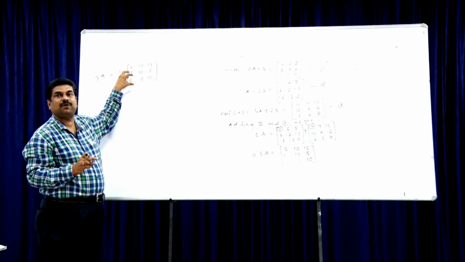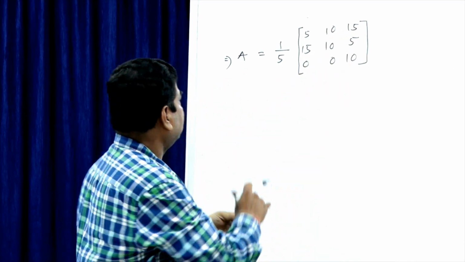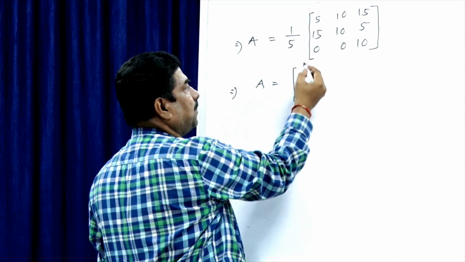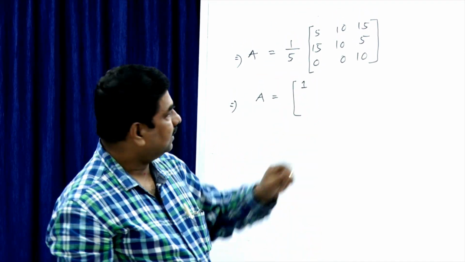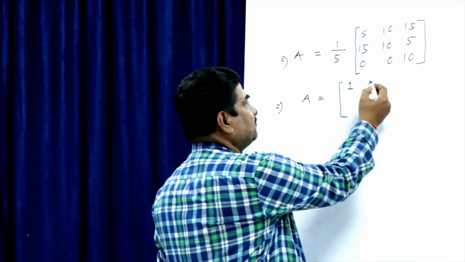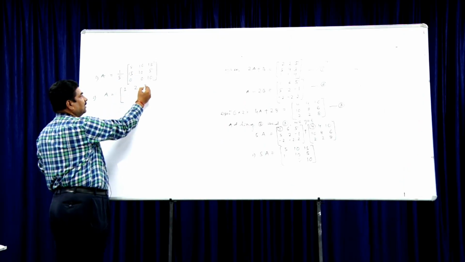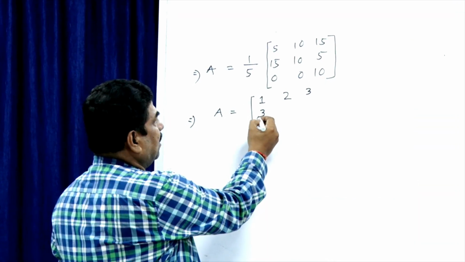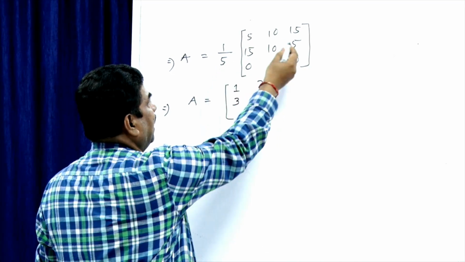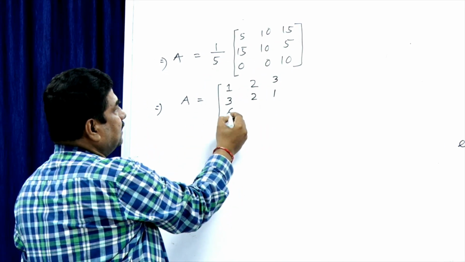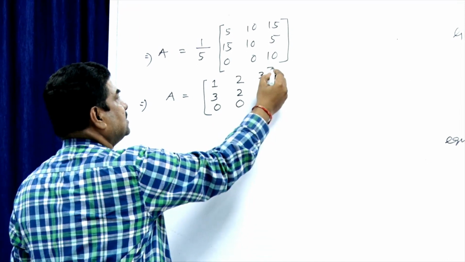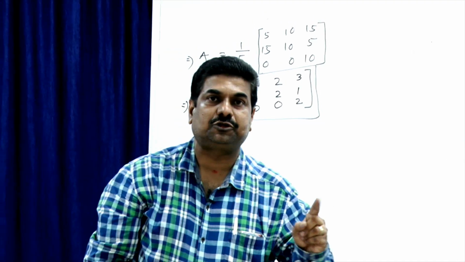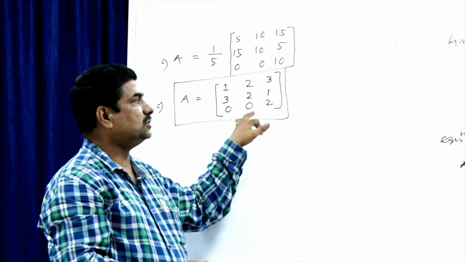If you multiply 1 by 5 with 5, this value is equal to 1. Next is 10 into 1 by 5, which is 2. 15 by 5 is 3. Again this value is 3, this value is 2, and this value is 1. This one is 0, 0, and this value is 2. So the value of A is 1, 2, 3, 3, 2, 1 and 0, 0, 2.